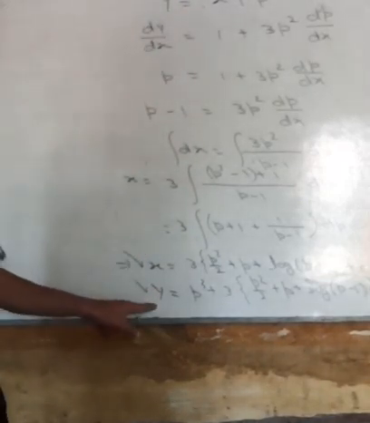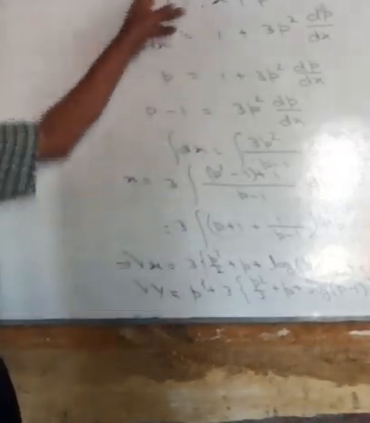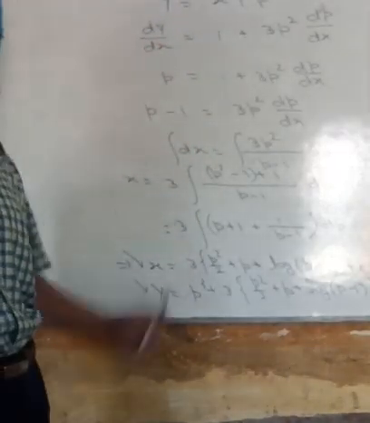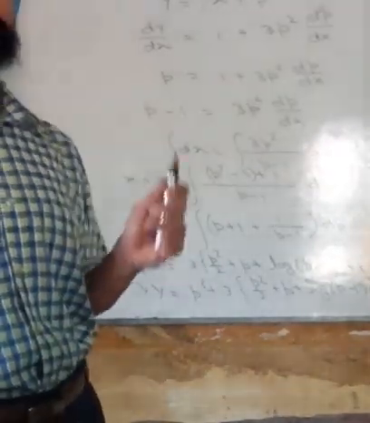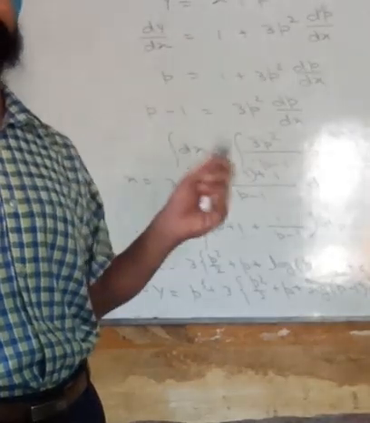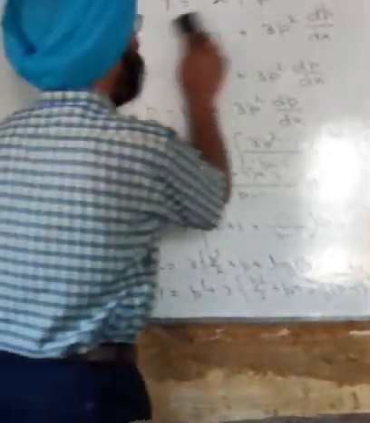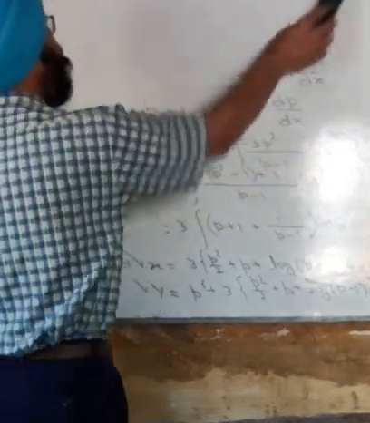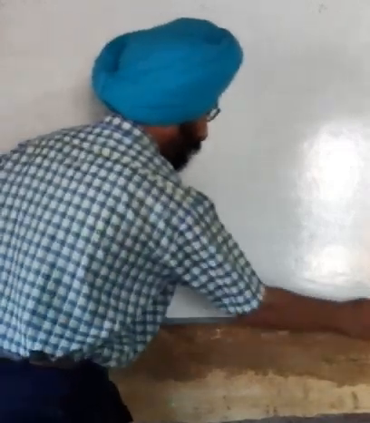x and y both are expressed in terms of p, and this is the solution of the given differential equation. So this is when the differential equation f(x, y, p) is equal to 0 is solvable for the variable y. Next, we take up the case when the differential equation is solvable for x.